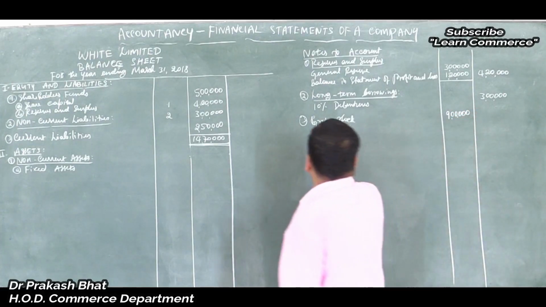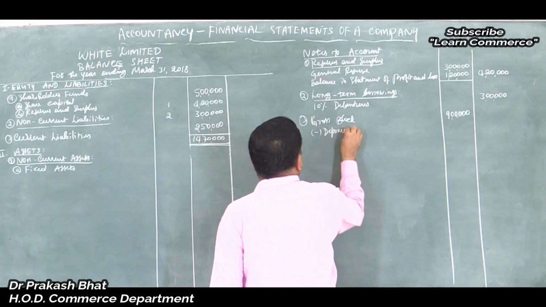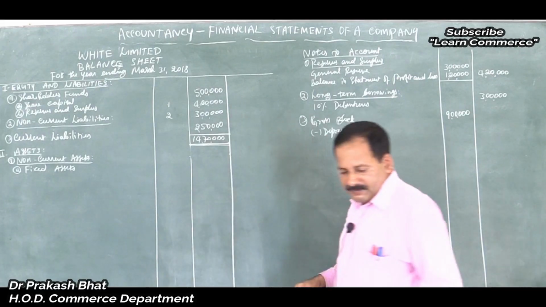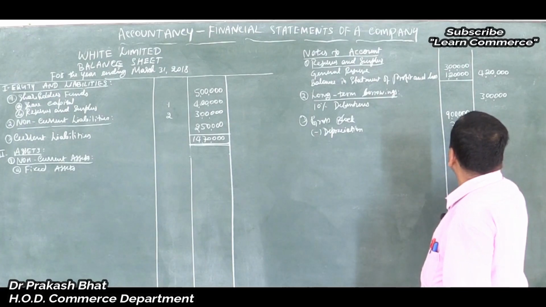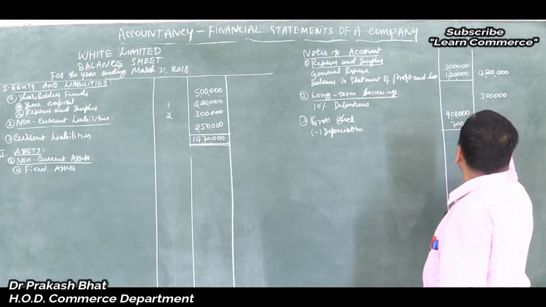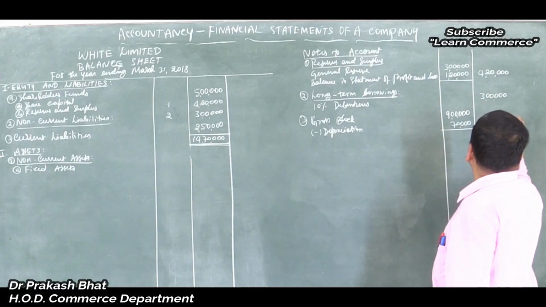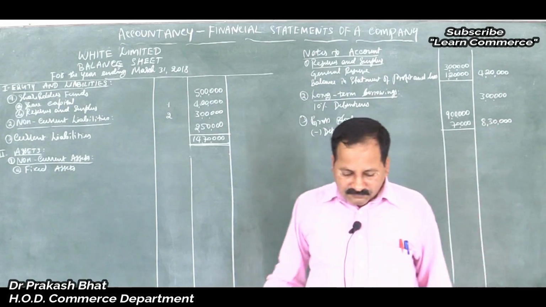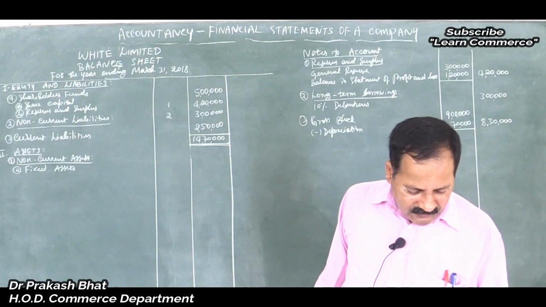Less, how much is it? 70,000. So 8,30,000. Anything else?